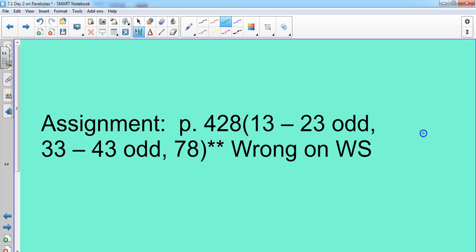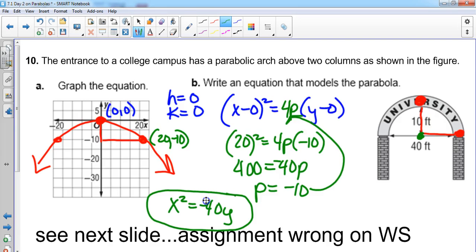Yes? Can I go back to this slide? Yeah. Why would you set up the equation instead of just saying 4P is 10, to solve for P?